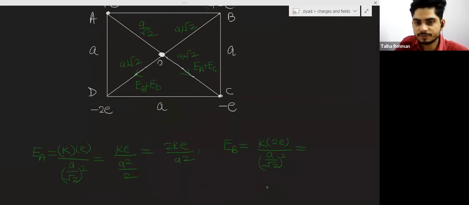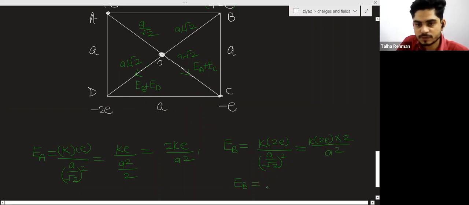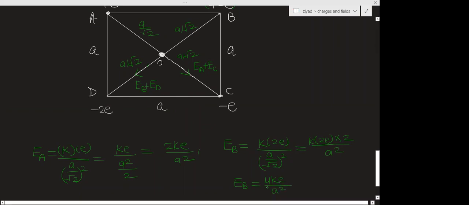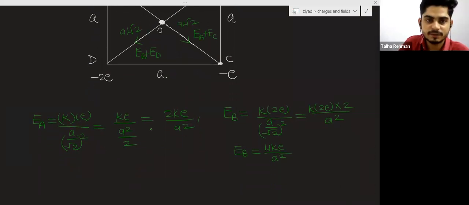So this will become k into 2e into 2 divided by a squared. Then you will get EB as 4ke divided by a squared.